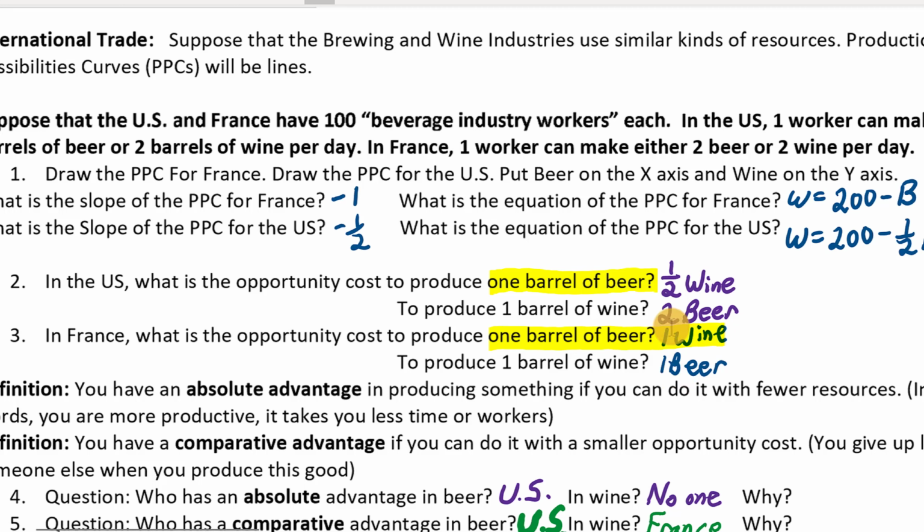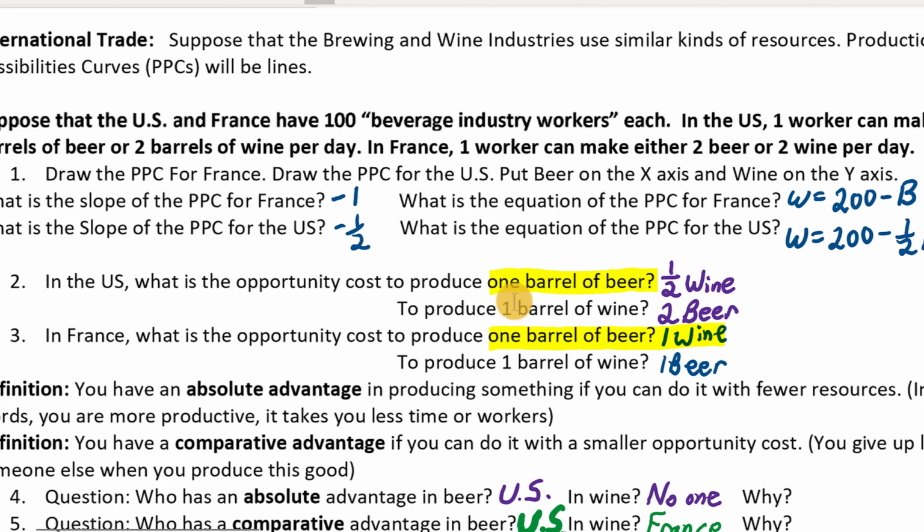Now, what about the United States? What kind of prices would they be willing to pay at most? Well, if they're buying wine from France, internally, they can give up 2 barrels of beer to get 1 barrel of wine.